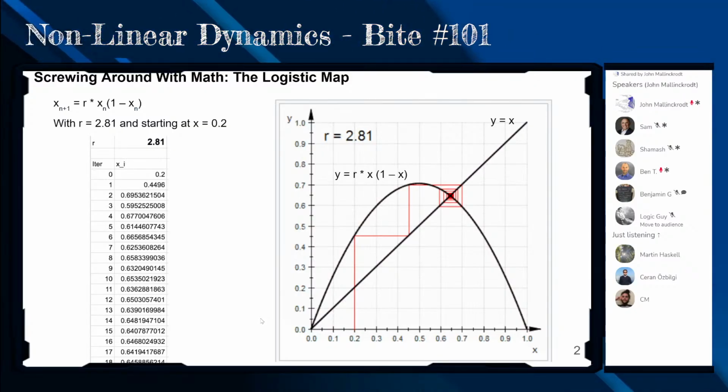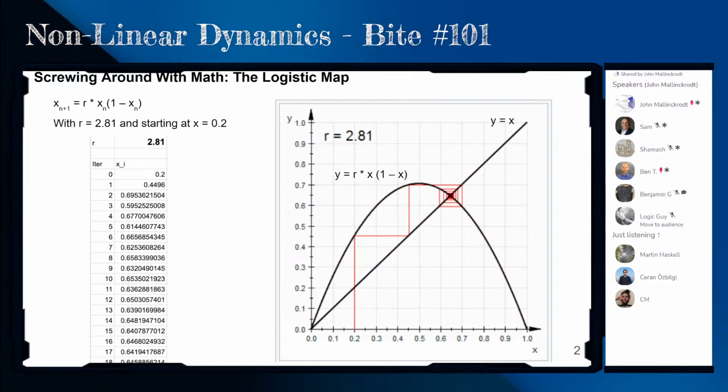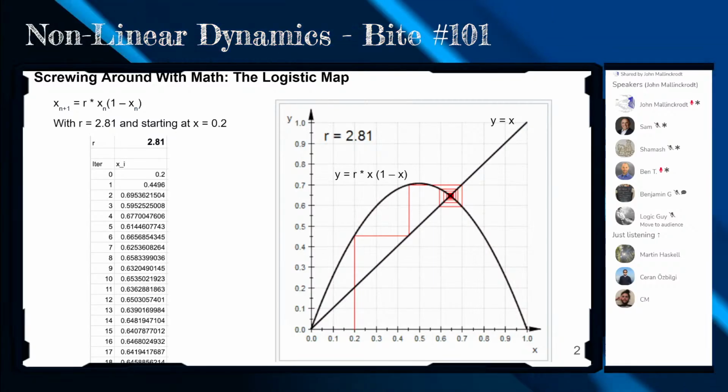So I'm showing in the equation that the (n+1)th number in the sequence is obtained by taking the nth number, multiplying it by 1 minus itself, and then multiplying by this parameter r.